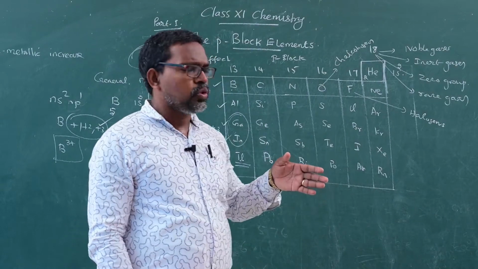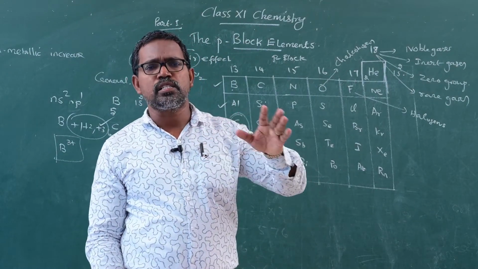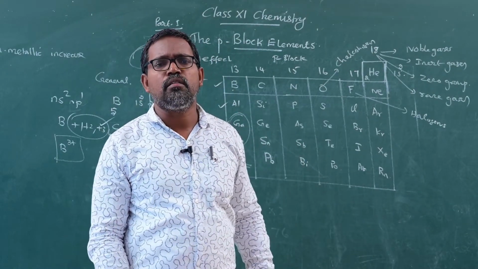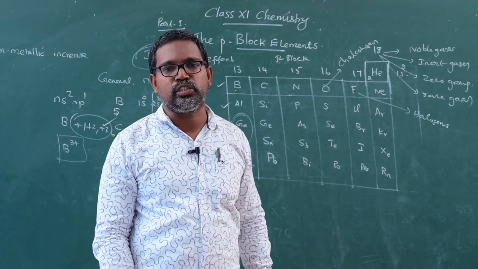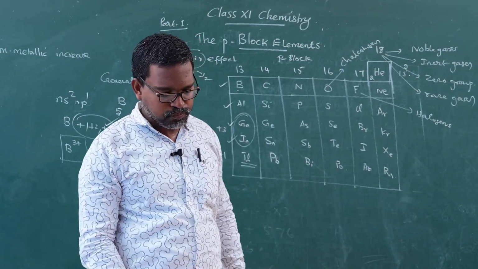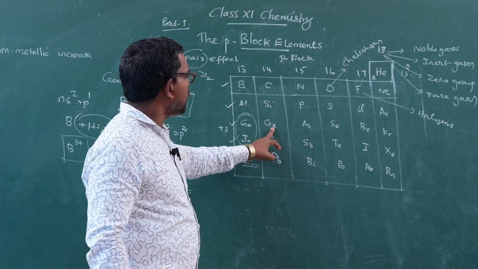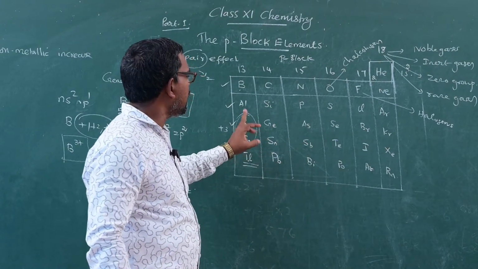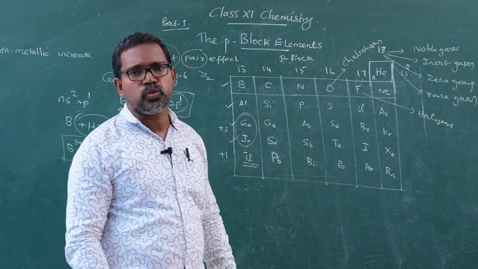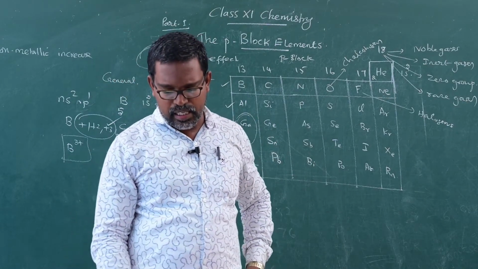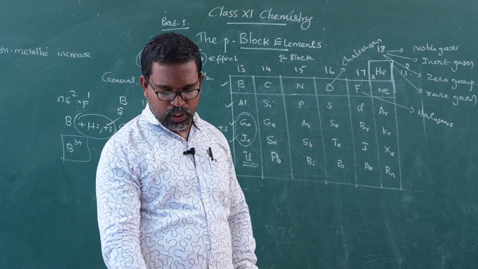Some elements show both metallic and non-metallic character. They are commonly said to be metalloids, especially boron, silicon, germanium, arsenic.